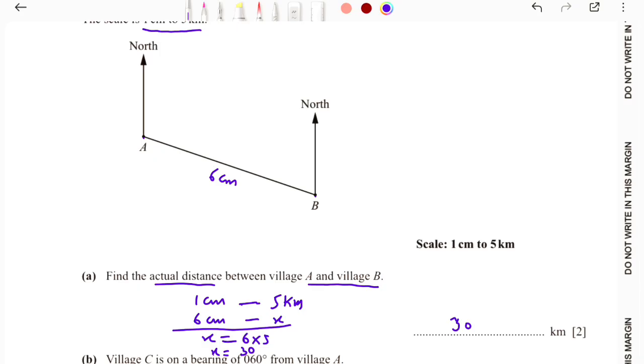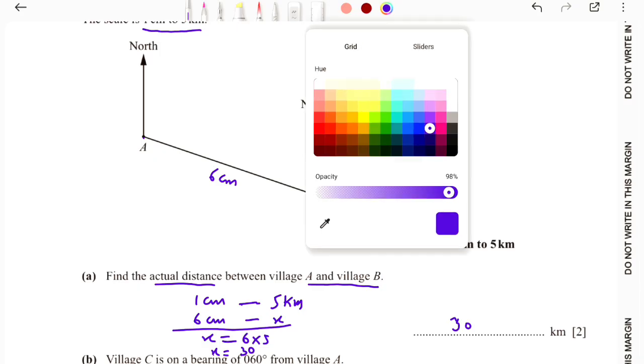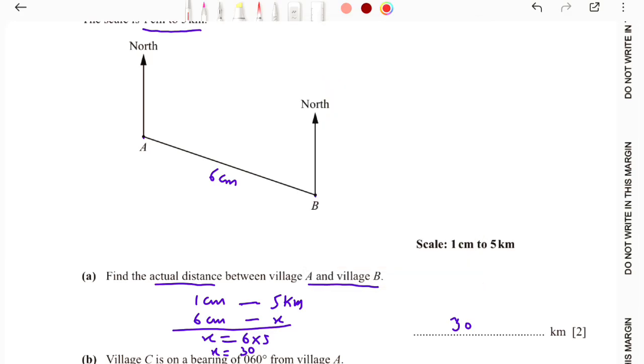As village C is on the bearing of 60 degree from village A, so we are going to place the protractor over here like this. Definitely this is 0 degree and this is 90 degree, and 45 degree would be here in the middle of 0 and 90, and approximately your 60 degree would be marked here.